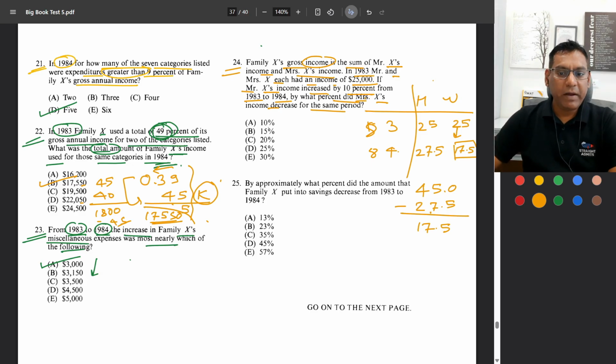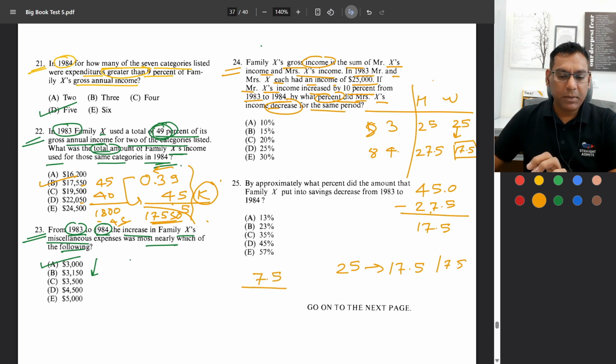So what do we have to calculate? I have to calculate by what percent it decreased. Okay, so it decreased by how much? From 25 it went down to 17.5. That means it went down by 7.5. And what is that percent?